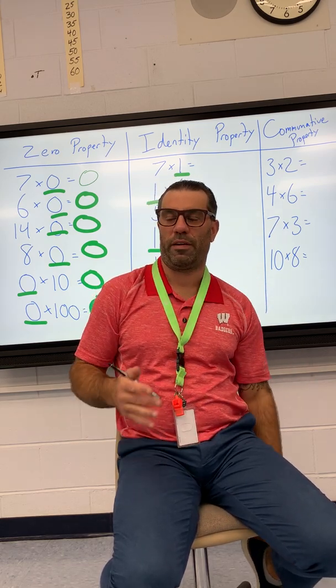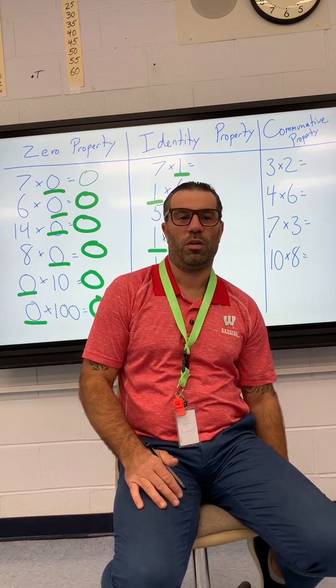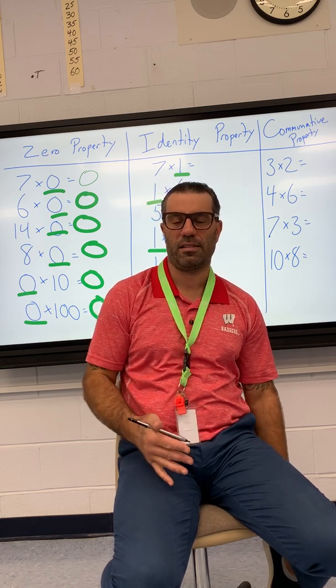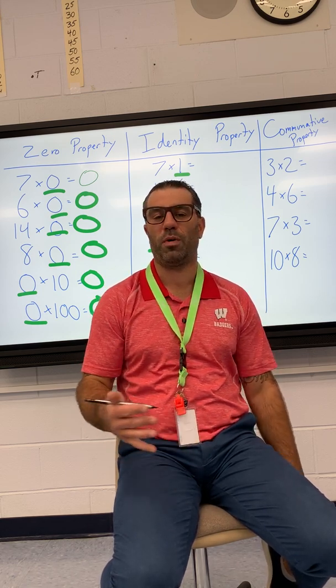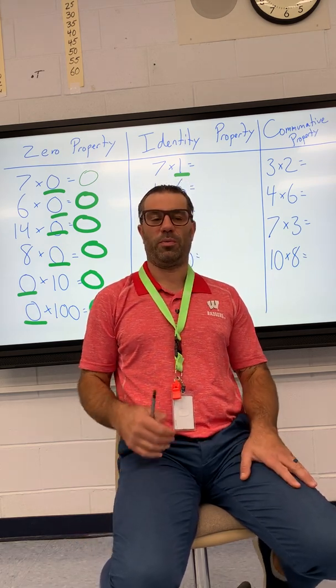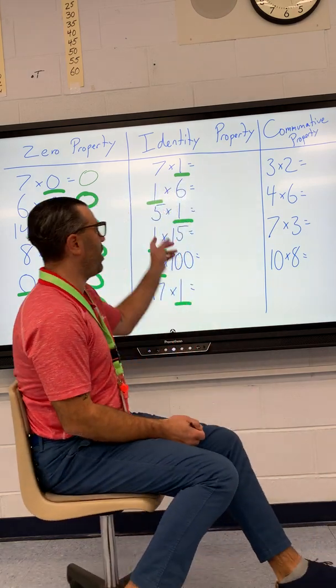So if I was doing like 5 times 1, it's 5. Or 1 times 6, it's 6. Because that means 6, one time, one group of 6, or 6 groups of 1. Either way, it's going to be just the other number. So anytime it's times 1, the answer is just the other number.